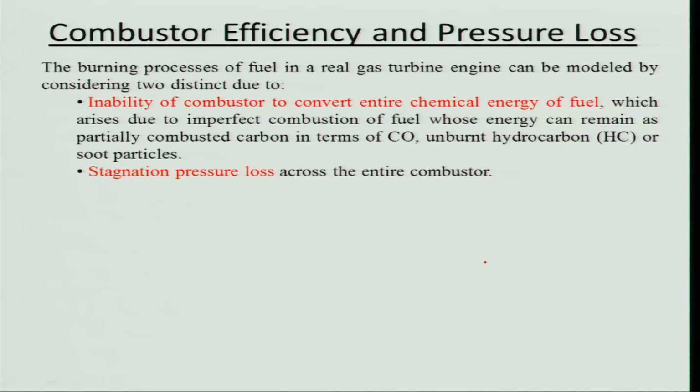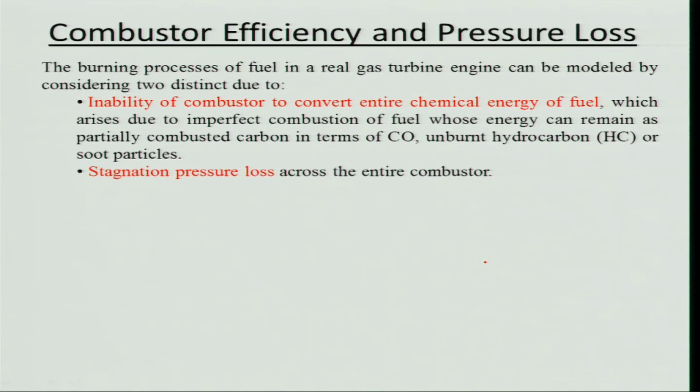The efficiency of the combustor will be lower than 1, because it is not possible to convert all the chemical energy of the fuel due to imperfect combustion of the fuel and air, and there might be carbon monoxide, unburnt hydrocarbon, soot particulates and other things.